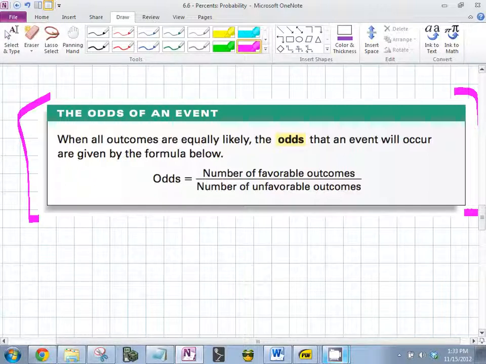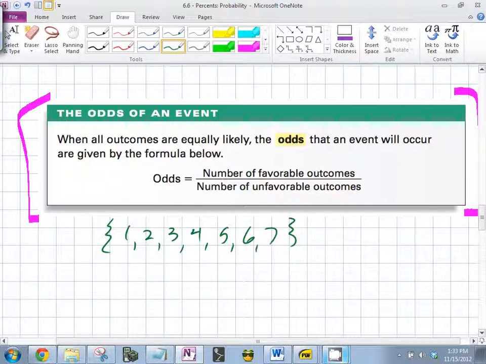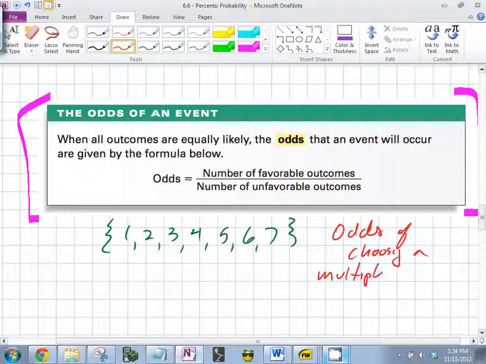So for example, let's say I gave you the set of numbers 1, 2, 3, 4, 5, 6, 7. If I said randomly choose a number, you could choose any of those 7 numbers, and I could ask you, what are the odds of choosing a multiple of 3? You first need to come up with the favorable outcomes.